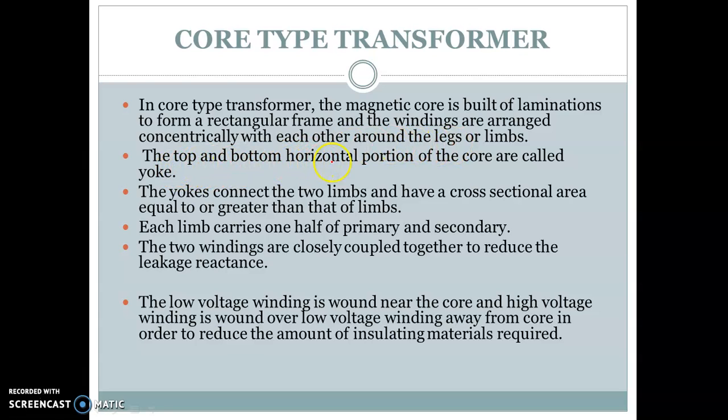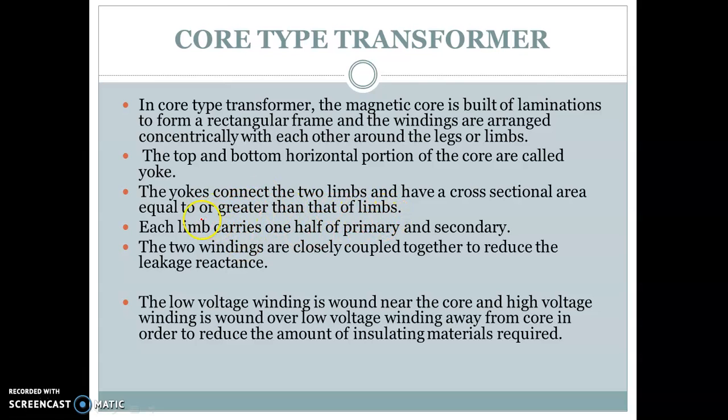The top and bottom horizontal portions of the core are called yokes. The yokes connect the two limbs and have a cross-sectional area equal to or greater than that of the limb.